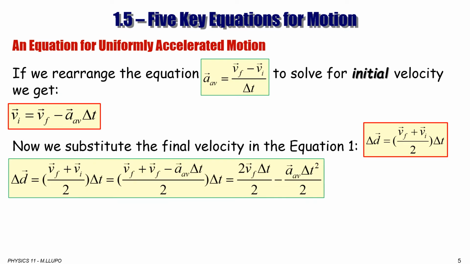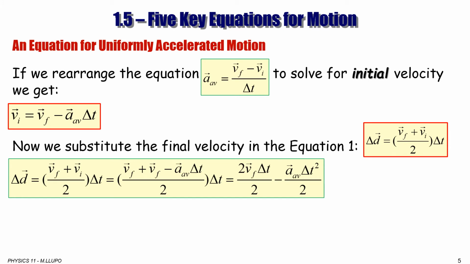So we can reach this point: V final plus what V initial is, V final minus A average delta T, times delta T divided by 2, and then we can break those components. V final plus V final is 2V final, times delta T is 2V final delta T divided by 2, minus A average delta T times delta T is delta T squared divided by 2.